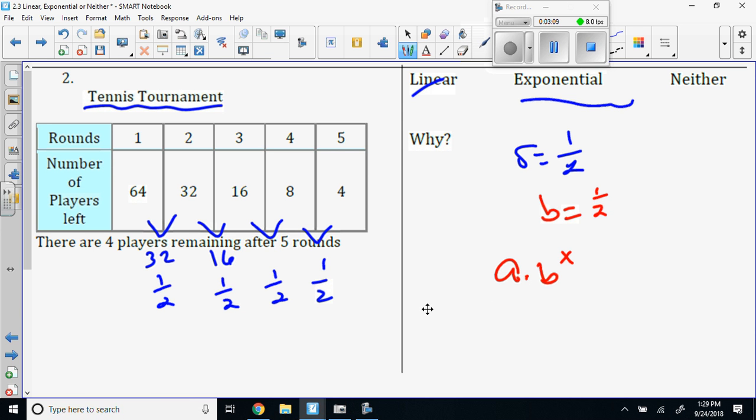Okay. So, why? Because it's going down by a constant what? Ratio? 1/2. So, what's another reason? Could we come up with another reason?